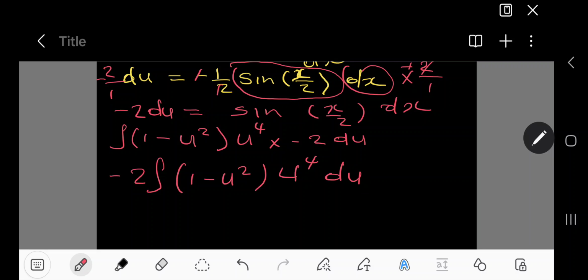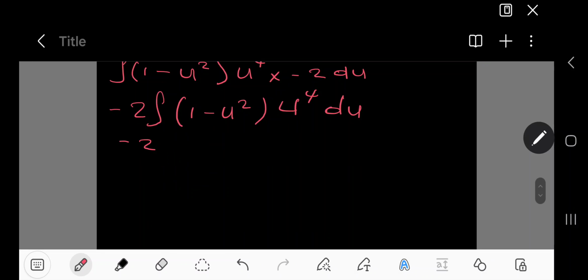So now we want to get rid of this, so we would have minus 2, and then we would have u raised to 4, and we would have u raised to 6, because the exponents will add when we multiply.